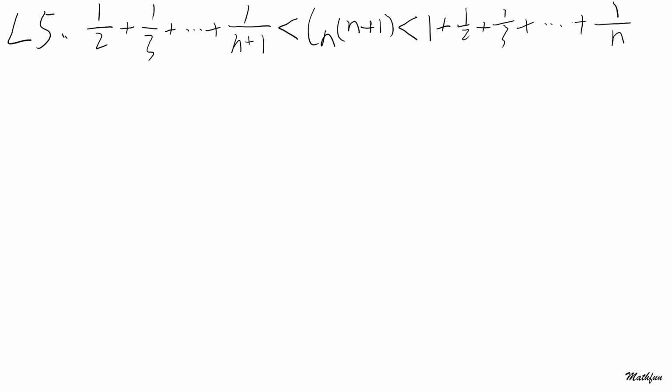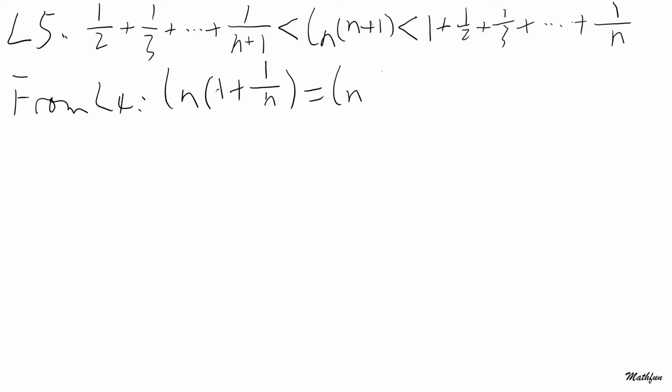Okay, so how can we do that? Well, we're going to go from lemma 4. So from lemma 4, just now we have this: the natural log of 1 plus the reciprocal of n, which is the natural log of n plus 1 over n, and we proved that this one is smaller than the reciprocal of n.